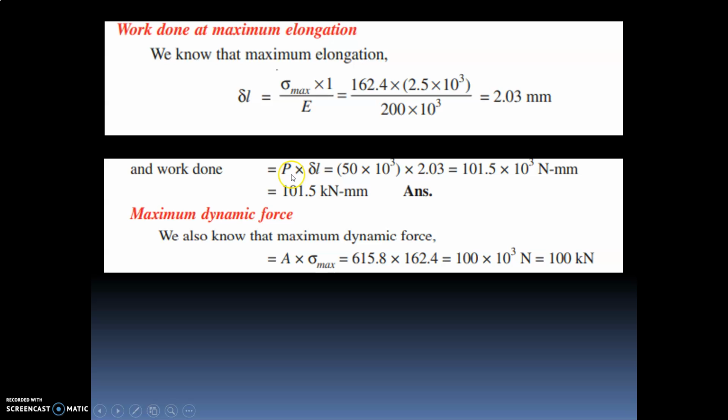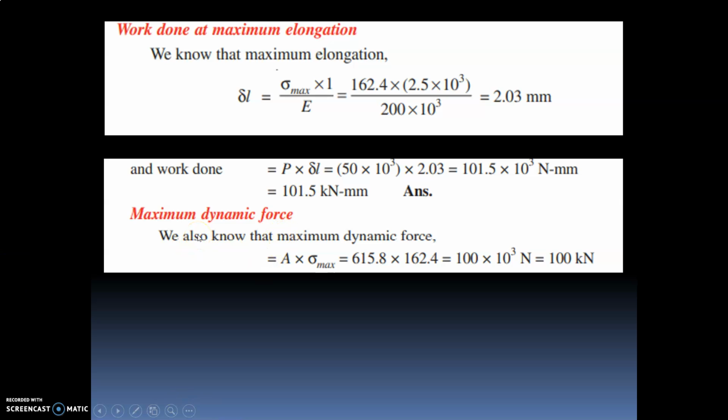Work done is equal to load into deformation. The load is 50 into 10 raised to 3, into the deformation 2.03. So you get work done equal to 101.5 into 10 raised to 3 Newton millimeter or 101.5 kilonewton millimeter. So this is the work done.